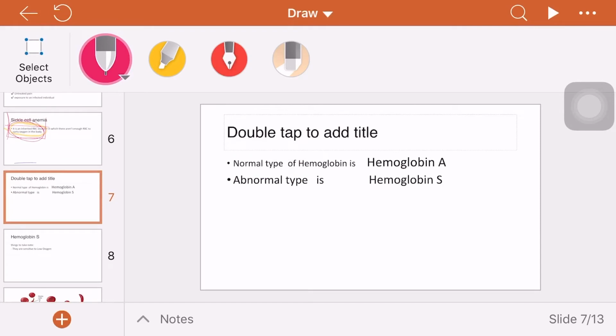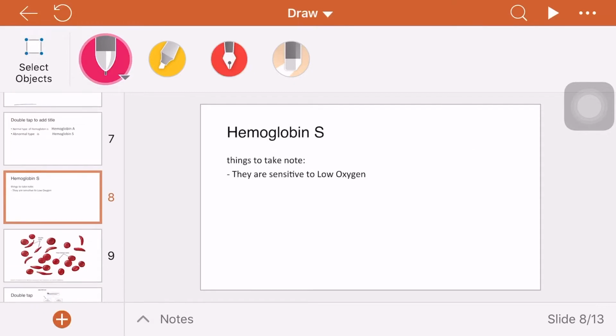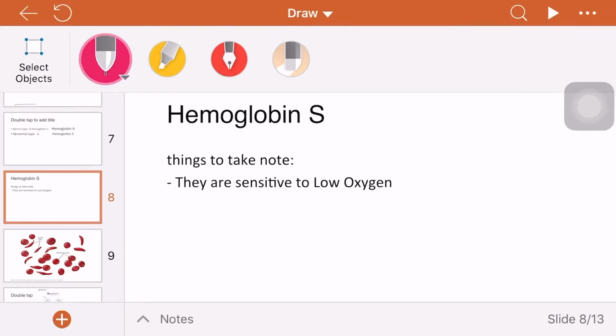According sa book, sickle cell anemia, for hemoglobin, there are two types of hemoglobin, abnormal and normal. The normal type of hemoglobin is hemoglobin A. The abnormal type is hemoglobin S. And always remember, ang hemoglobin S, they are very sensitive to low oxygen.